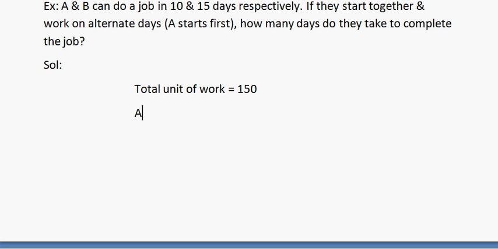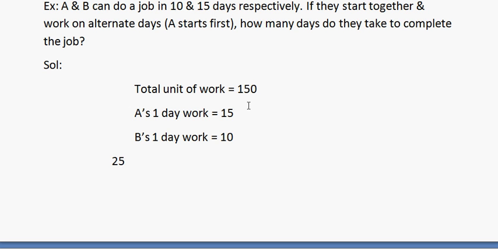So A's 1 day work would be 15 units, B's 1 day work 10 units, right? So if A and B work alternately, in 2 days they would complete 25 units of work, right?